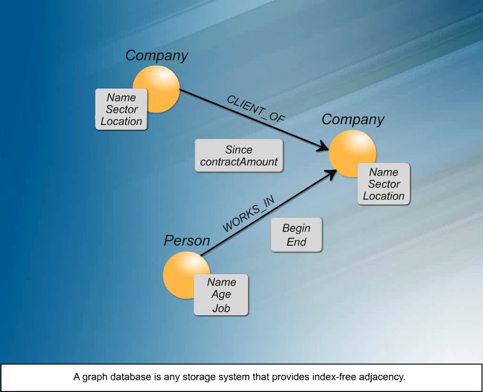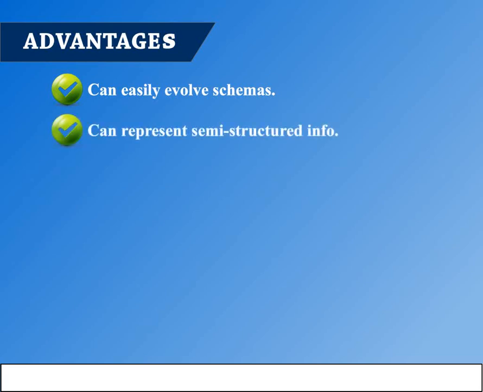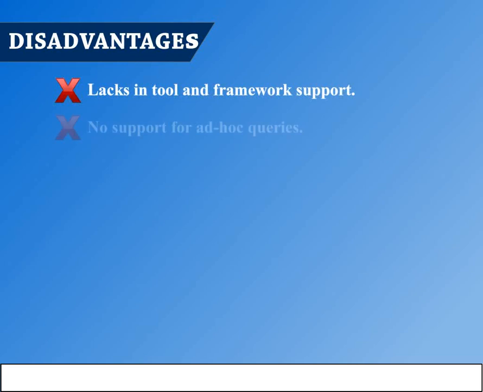A graph database is any storage system that provides index-free adjacency. Advantages: can easily evolve schemas, can represent semi-structured info. Disadvantages: lacks tool and framework support, no support for ad hoc queries.